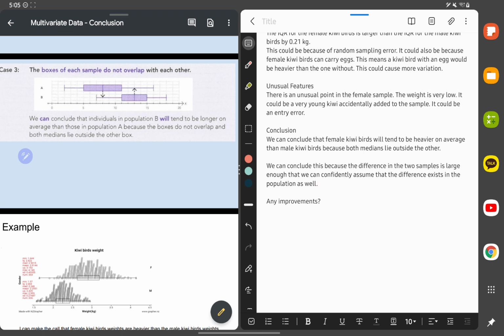We don't know if it's something that is just random chance when we were picking out these samples, whichever random kiwi birds that we've happened to find and measure, maybe it was just chance that has dictated that females seem to be slightly higher than males. If it's too close, we say we can't make the call that it's true for the population, and that's what we would write in this section here.